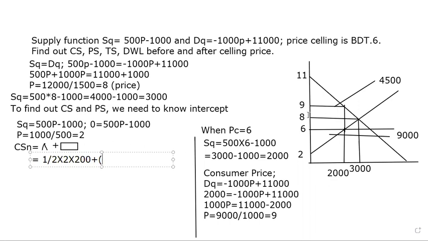Then 8 minus 6, minus 9, the difference: they are costing taka 6 and paying 9. Their maximum price is taka 6 and their interest is to pay 9. So this area should be your difference.